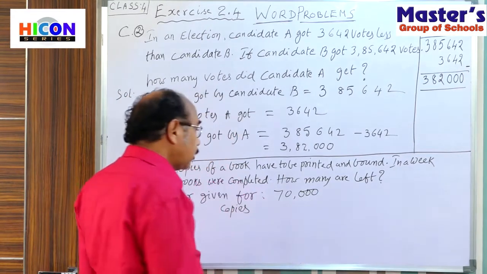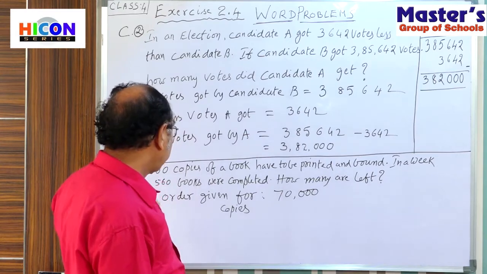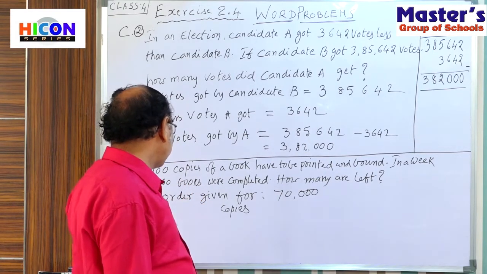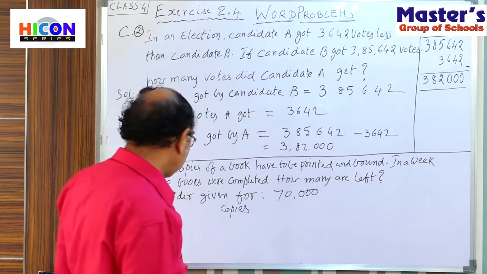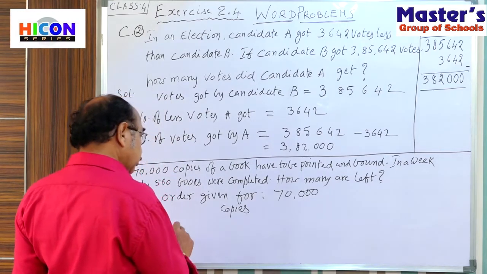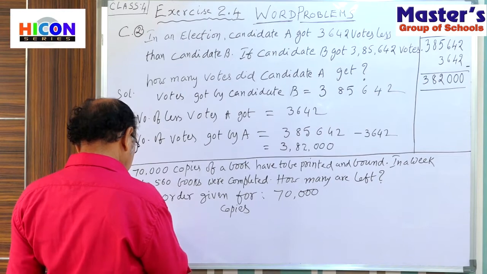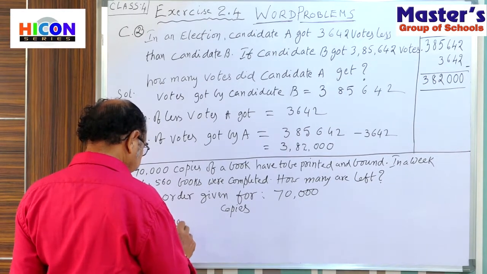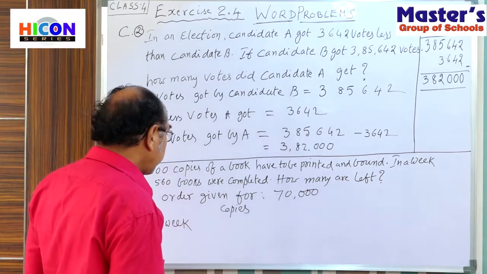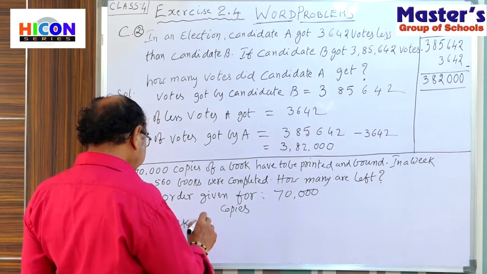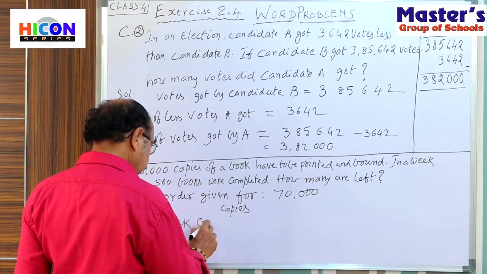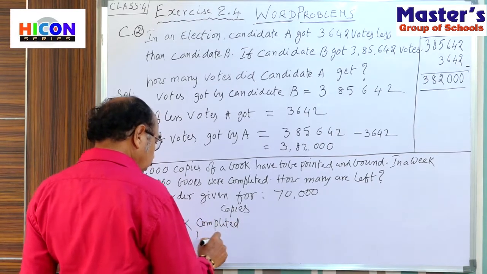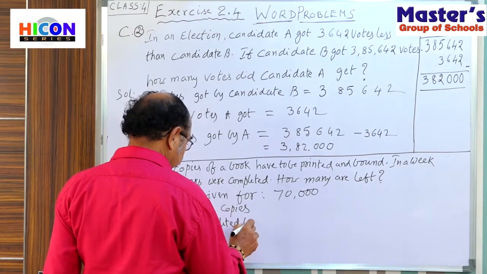70,000 copies. But how many books were completed? Only 34,560 books were printed. So, in a week, 34,560 completed books.